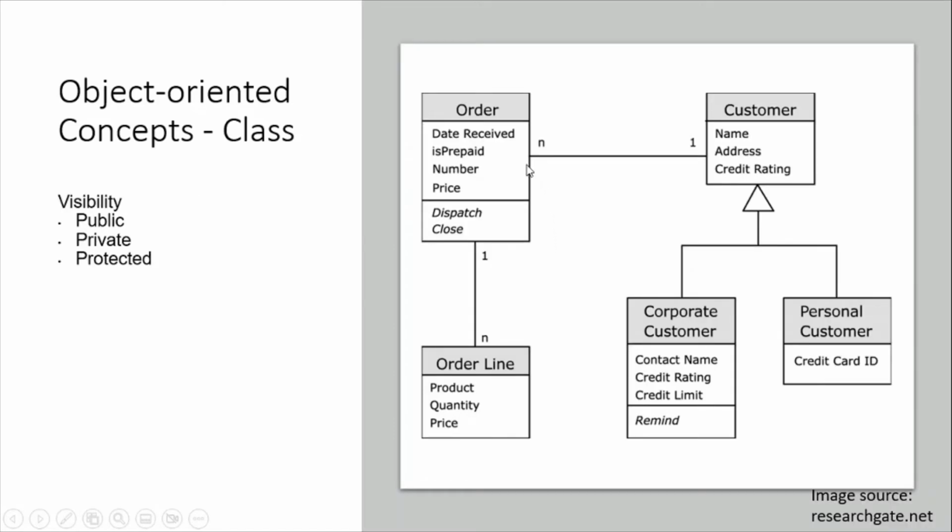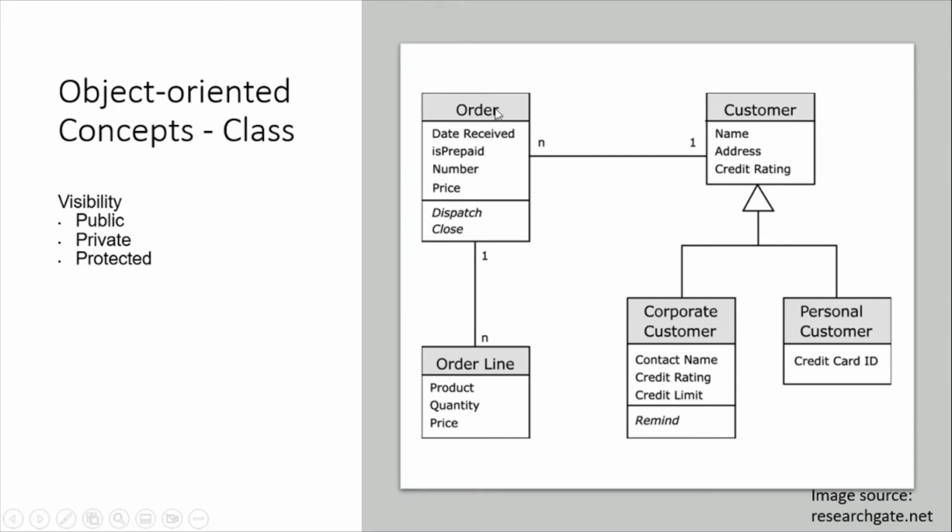How many classes do we have in here? We do have 5. The order line, the order, customer, personal customer, corporate customer. Now, the order is the class name. Date received, is prepaid, number and price are the attributes. Dispatch and close are the operations. Okay?